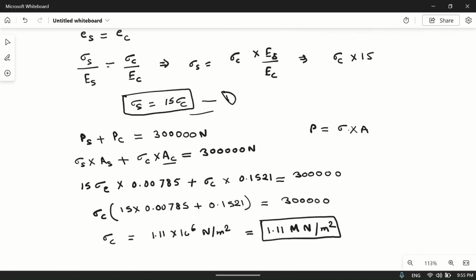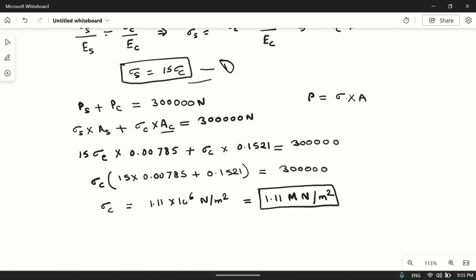This is the value of sigma C, the stress in concrete. So the stress in steel is equal to 15 sigma C, from equation 1. It will be 15 into 1.11, which equals 16.65 mega Newton per meter square. So this is the stress we have calculated in steel and in concrete.